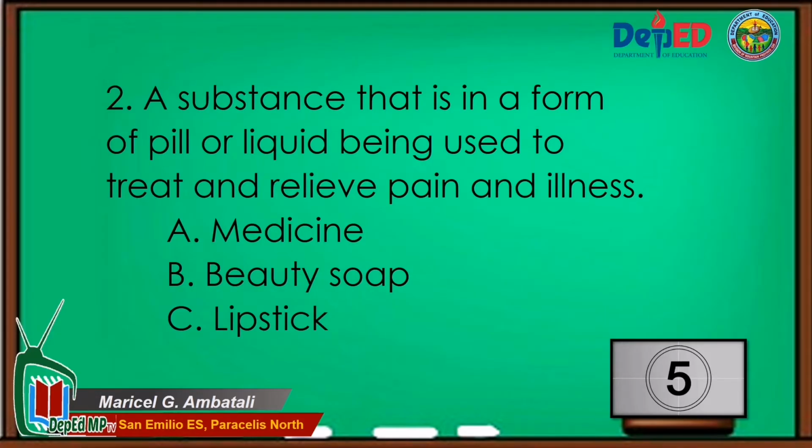Number 2. A substance that is in a form of pill or liquid being used to treat and relieve pain and illness. Letter A, medicine. Letter B, beauty soap. And letter C, lipstick. The correct answer is letter A, medicine.